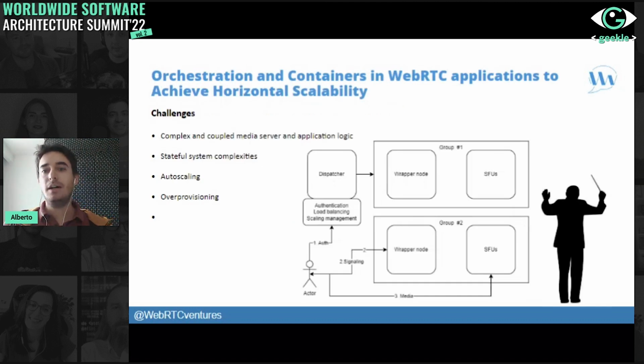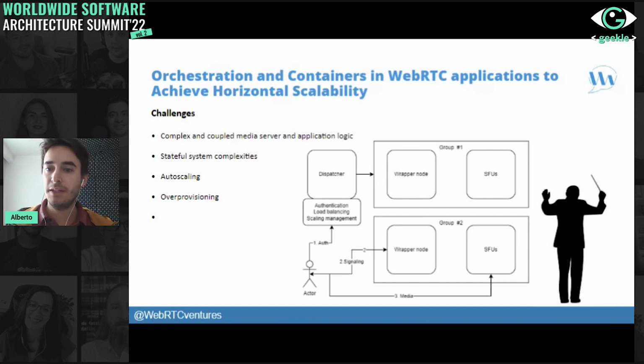So now how can we orchestrate this? Those diagrams were really, really high level. One proposed architecture that can be used is something like the one in the image, where we have 3 main services. We have the dispatcher, which is the authentication server, the one in charge of managing the scaling of the other services, and also distributing the actors or participants.